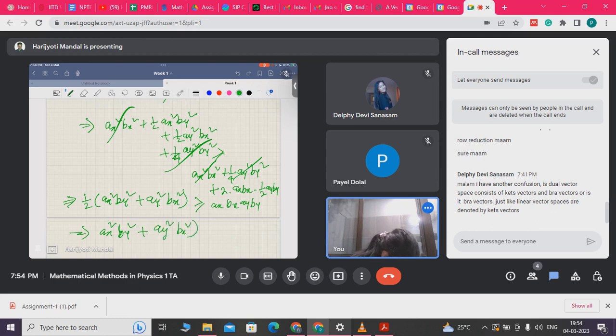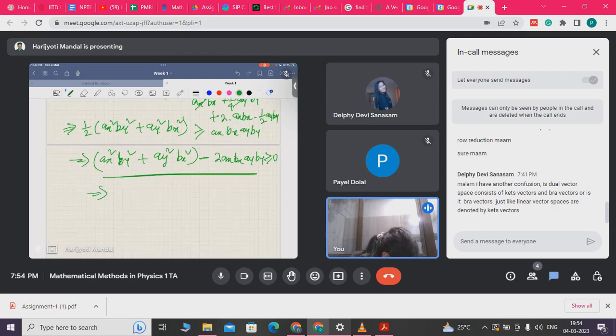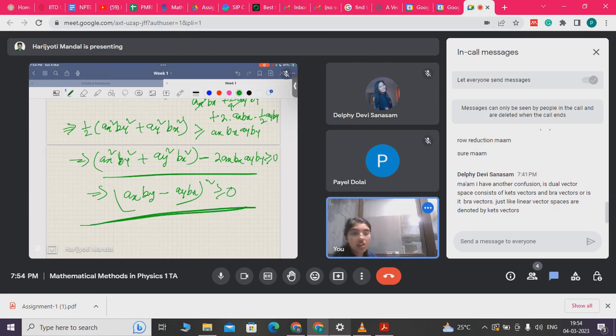So it can be written as AX square BY square plus AY square BX square minus 2 of AX BX AY BY greater than or equal to 0.